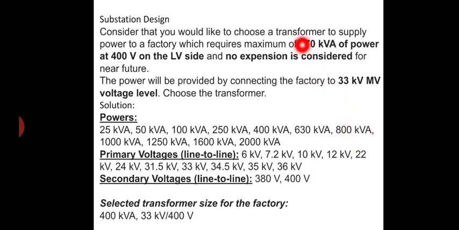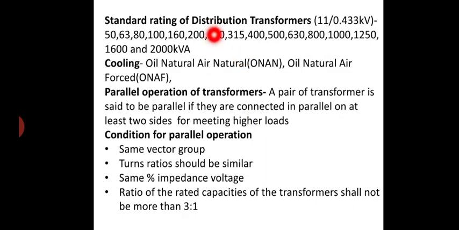And if it is 770 kVA, we can directly go for 1000 kVA. Don't select the nearby value, select the next near value. So the next near value is 400 kVA.